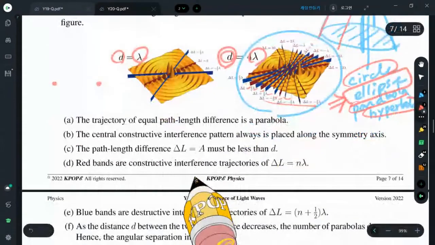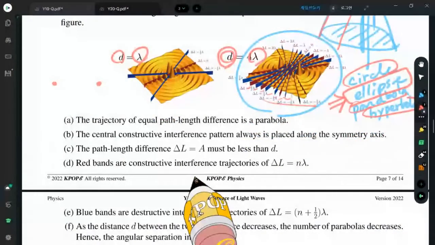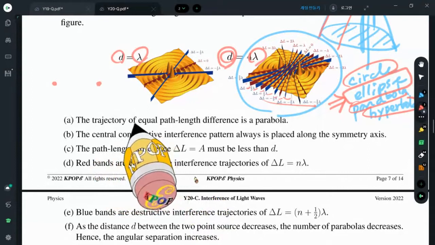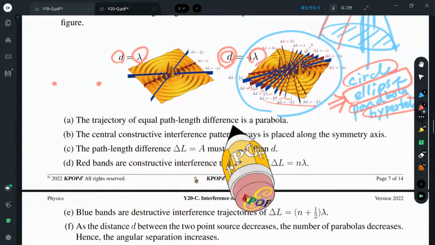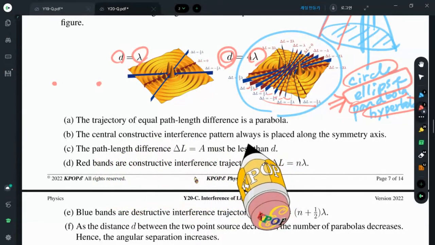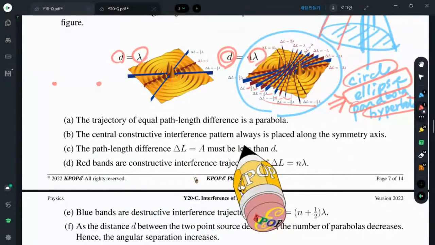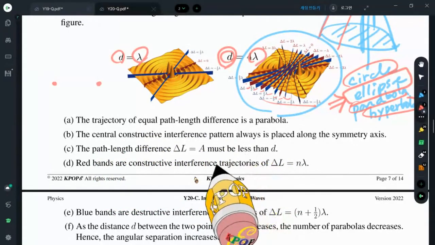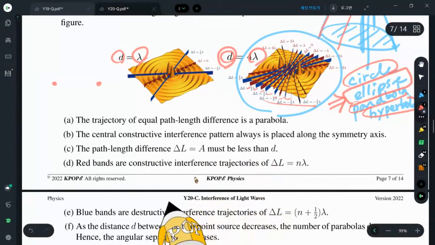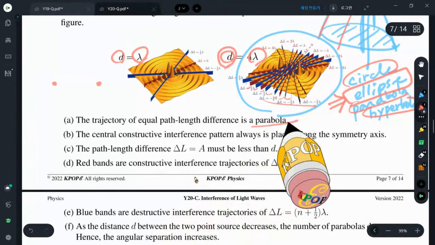This is due to the diffractive behavior of the light wave. The trajectory of equal path length difference is a parabola. Really? It's a hyperbola.